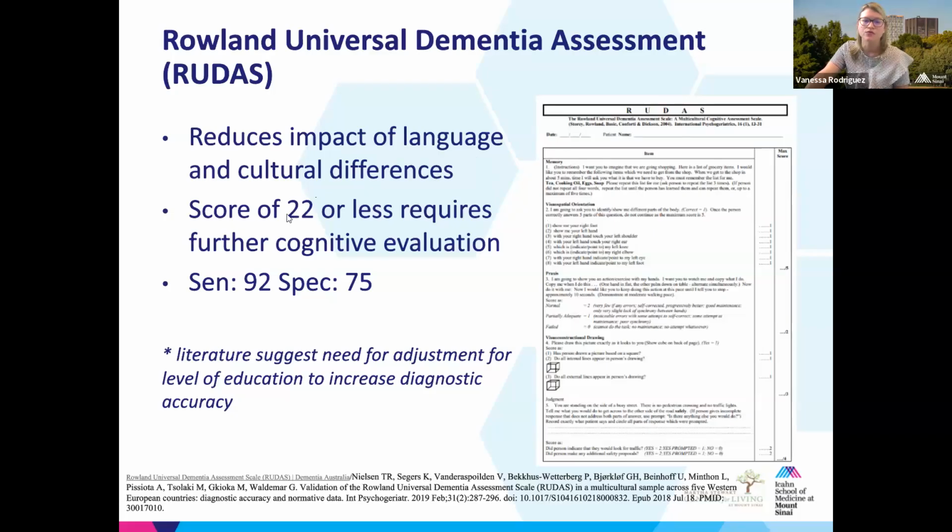A score of 22 or less is the cutoff to require a cognitive evaluation. It has a sensitivity of 92% and specificity of 75%. But some research suggests that it still needs adjustment for level of education to increase its diagnostic accuracy.